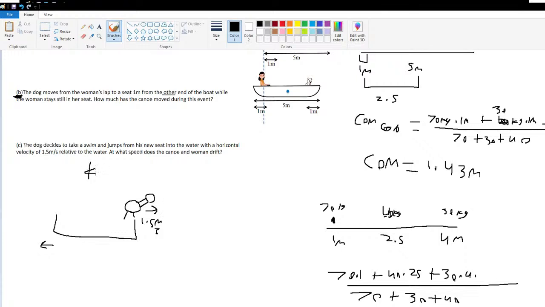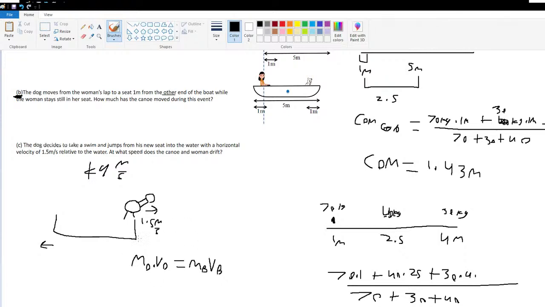Because momentum is kilograms times meters per second. When the dog jumps off the boat, whatever his momentum is, mass of the dog times velocity of the dog, is going to be equal, because equal and opposite forces, to mass of the boat times velocity of the boat.